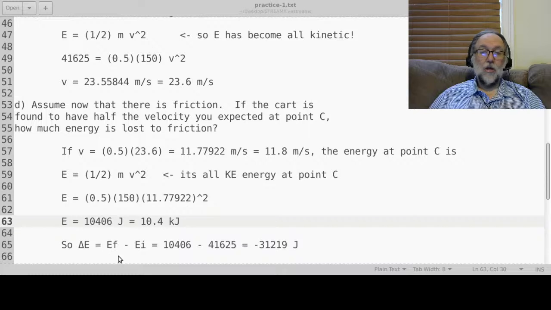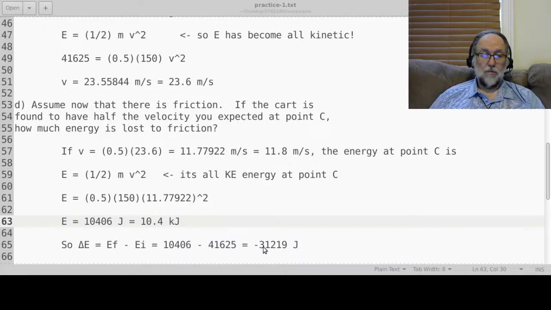Well, if you take a look at the delta E, you calculate a change as your final minus your initial. So you had your initial energy, which would have been the energy before any of it was lost to friction, and that was that 41,625 joules. And then there's the final energy at the bottom of the hill, after it's lost some of its energy to heat, and that turned out to be only 10,406 joules.